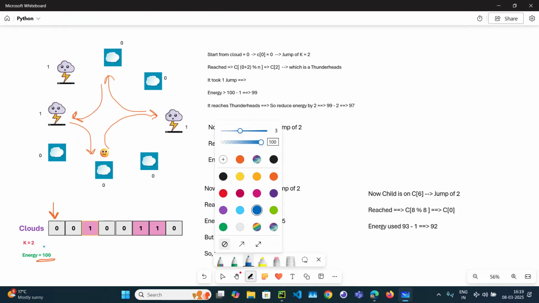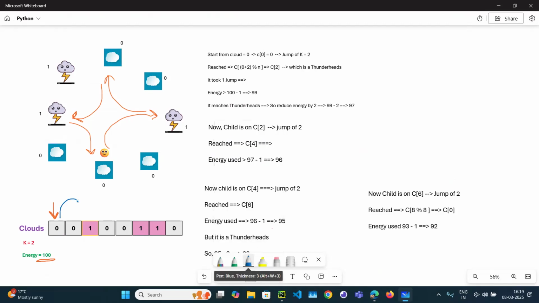As an example, if k is equal to 2, starting at index 0, if he takes one jump, it will reach here. How much energy is left? 100 minus 1, 99. Then again 2, he will reach here. How much energy is left? 99 minus 1 is 98.